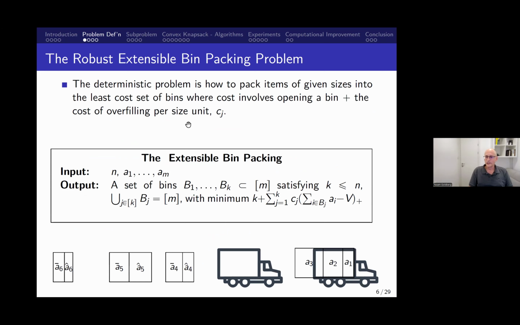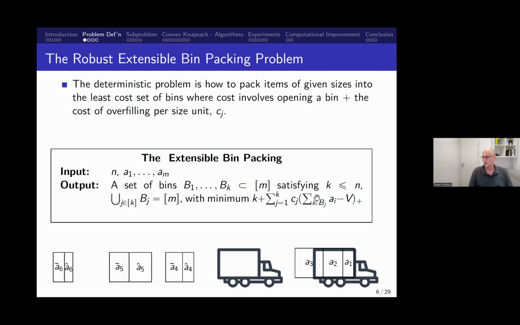Okay, so to formally define our problem, which is extensible bin packing, first in the nominal form. We're given some number of bins n and item sizes a_1 through a_m. And we want to find some partition of the items into B_1 to B_K, for some K less than the number of bins allowed, so that the total cost is minimized, the cost being the number of bins and the overtime cost, which we can write in this form.